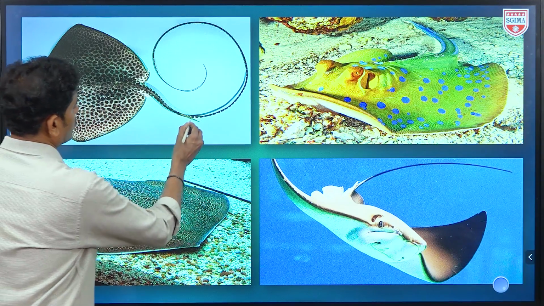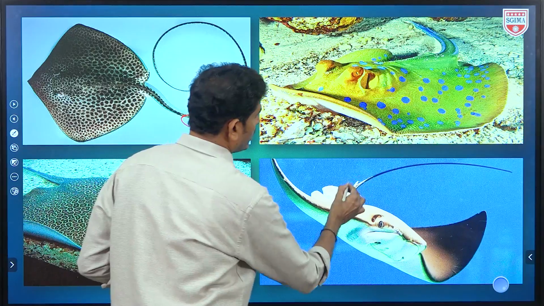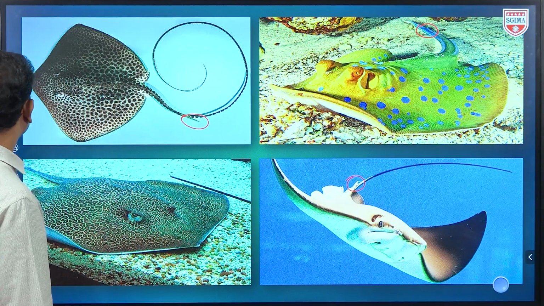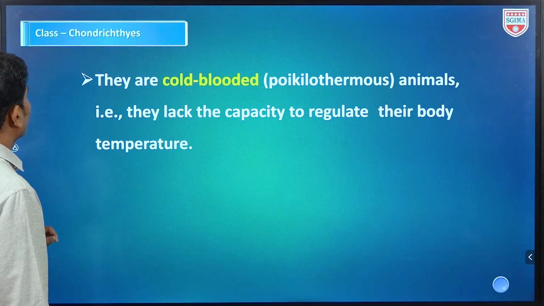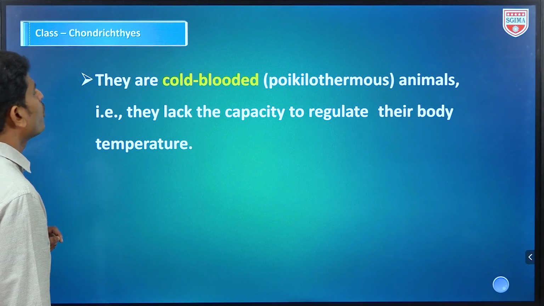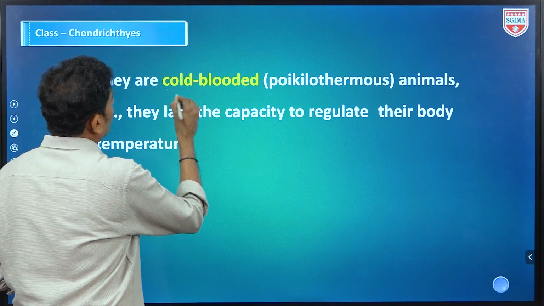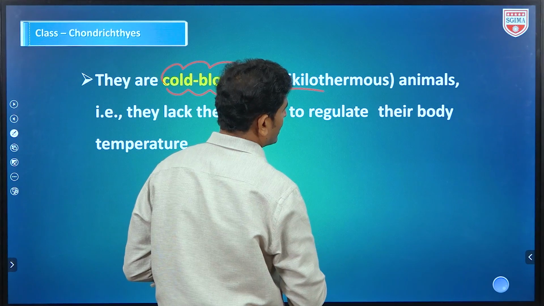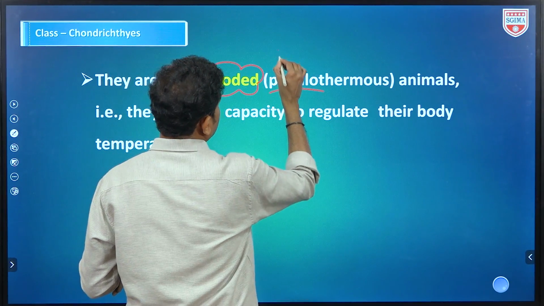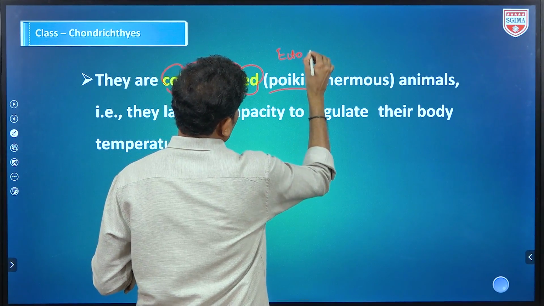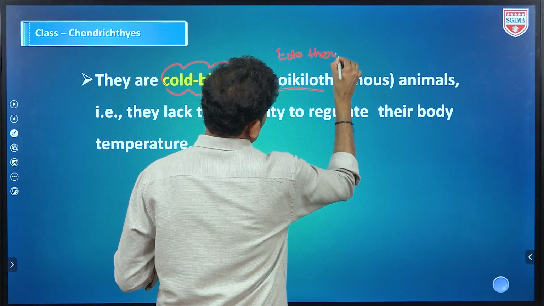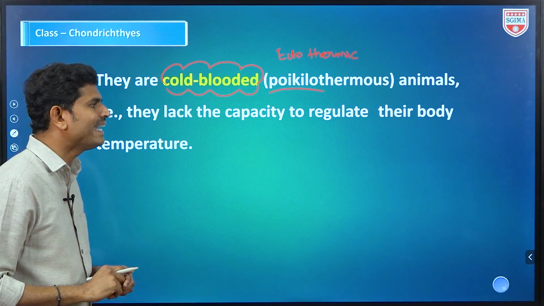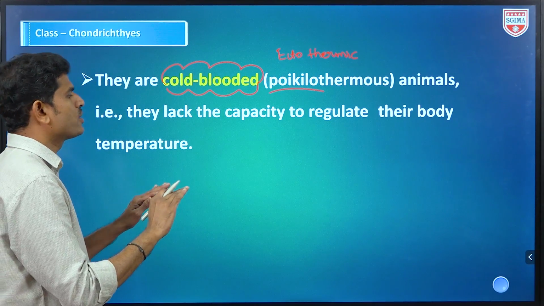Okay, stingrays, look, this is the sting. Here also this is a sting. So all of these are stingrays. Now again, the point is that these are cold-blooded organisms, otherwise known as poikilothermic, and another word is ectothermic organisms, ectotherms. It means these organisms are unable to maintain their body temperature at constant levels.